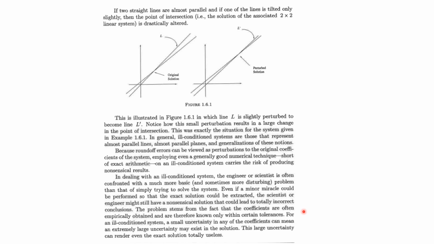This problem stems from the fact that the coefficients are often empirically obtained by measurements and are therefore known only within certain tolerances. For an ill-conditioned system, a small uncertainty in any of the coefficients can mean an extremely large uncertainty may exist in the solution. This large uncertainty can render the exact solution totally useless, because your data is wrong. Your coefficients were wrong.